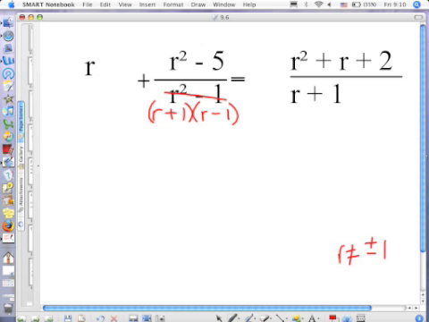Okay. What am I going to multiply by each term? R plus 1 or r minus 1. I'm running out of room here.